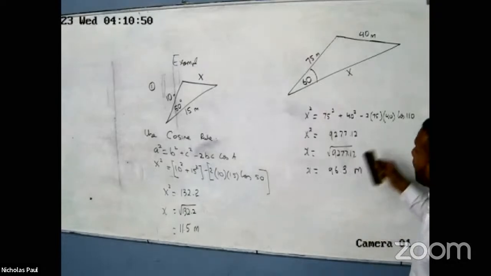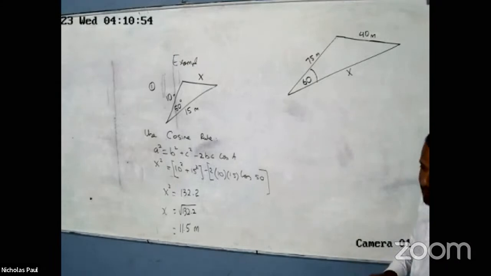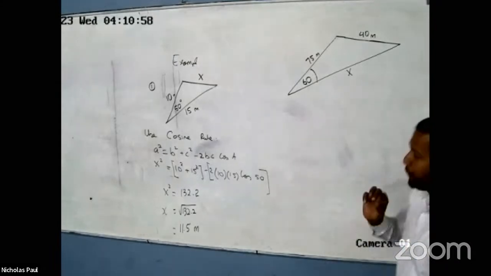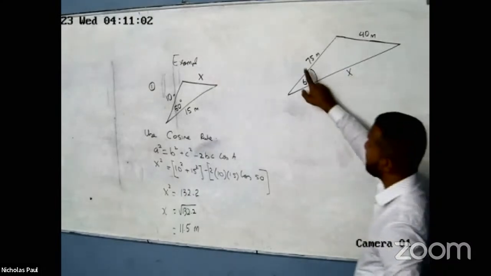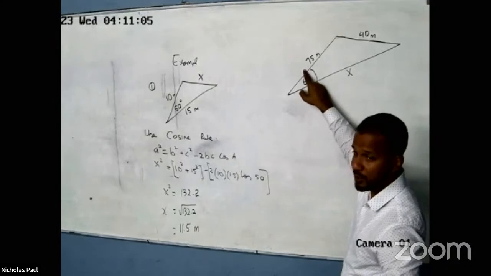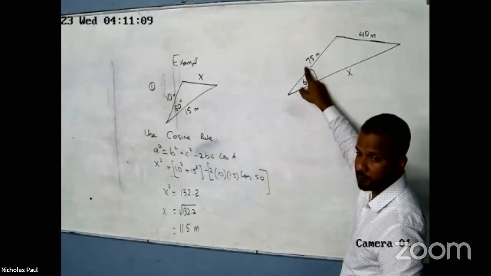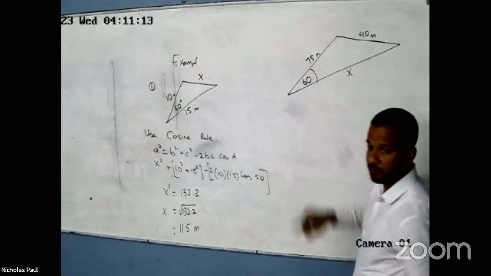Your problem here would be how to find x. But listen to this. What are B and C? The lengths that make the angle. That can't change. So one is B and one is C. And capital A is 40.